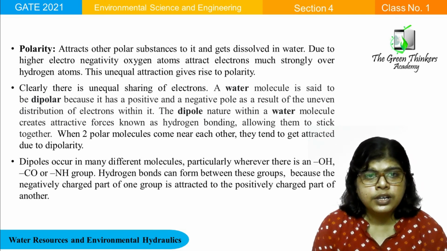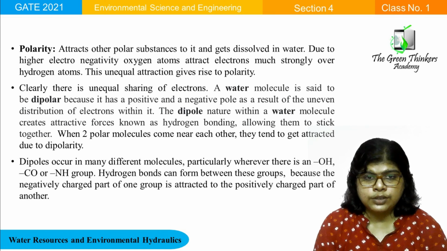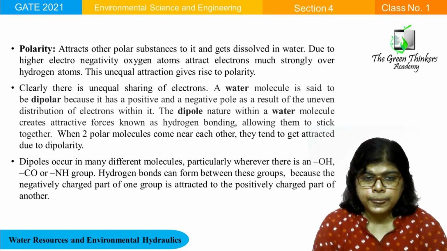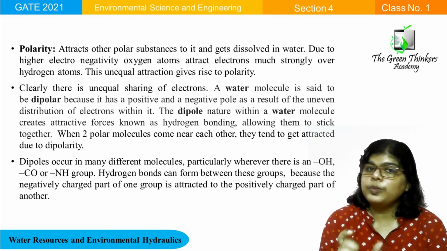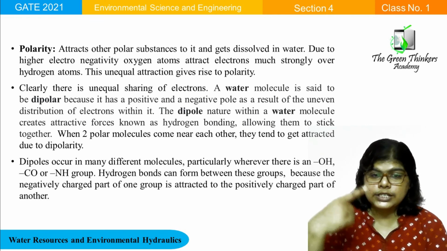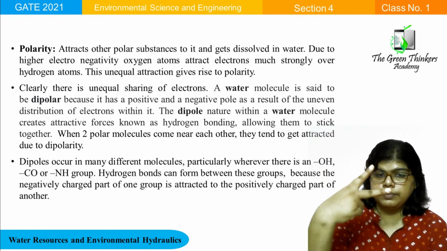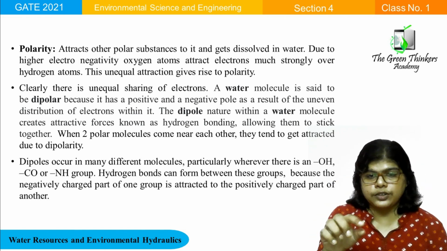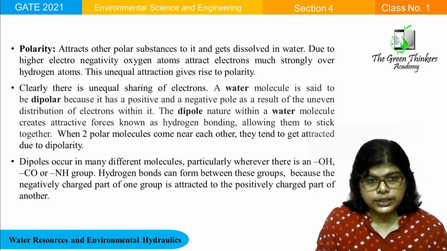It is very clear from the previous discussion that there is unequal sharing of electrons, right? A water molecule is said to be dipolar because it has a positive end and a negative end, meaning a positive pole and a negative pole, as a result of the uneven distribution of electrons, because both positive and negative charges are there.